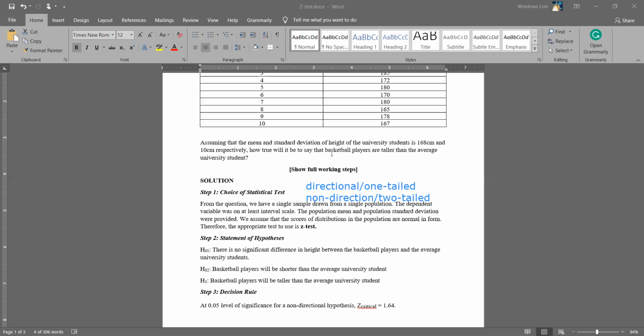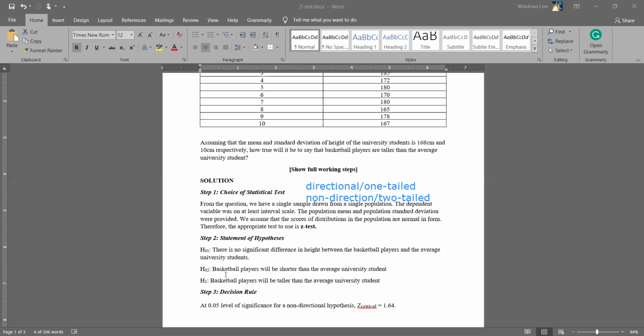So when it happens like that, you can't say your hypothesis is directional, but rather non-directional, because they haven't specifically told us which of the groups is taller or shorter, or which one is less than or greater than. All right. So we know that our hypothesis is directional when it comes to this question.